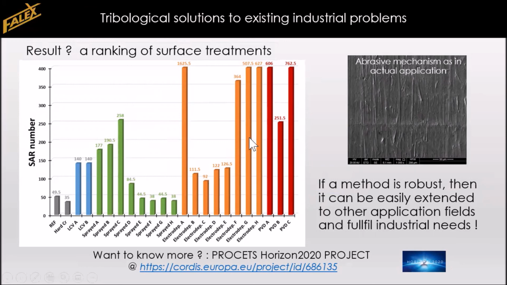This was not the case, however, with the electrodeposited coatings. Despite a lot of optimization steps, as we get further and further in the project, the coatings actually didn't get better, and we could never reach the same performance with electrodeposited coatings as we could with thermal spray coatings.